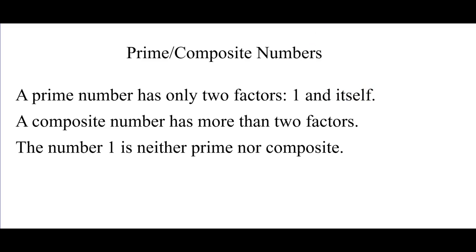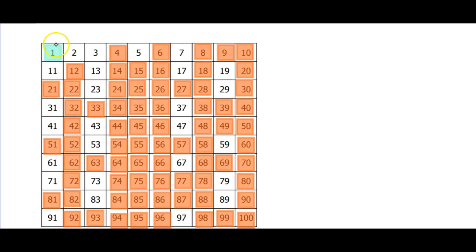And so a couple of things here. It has to have 2 factors, 2 unique factors. That's important because if we go back to our chart here, notice 1 is not a prime number. I shaded it just because I want to shade something else besides orange just to say, hey, there's something important about 1, and it is not a prime number, but it's also not what we call a composite number.